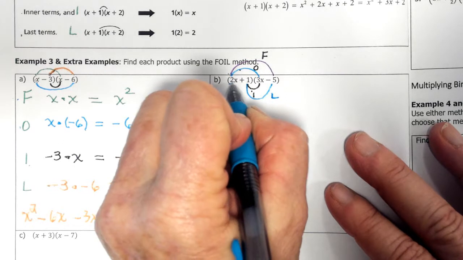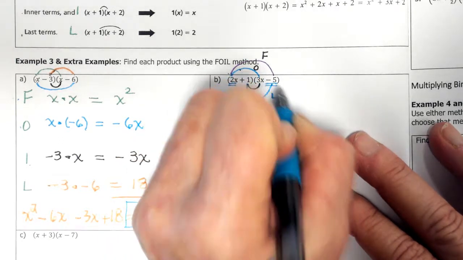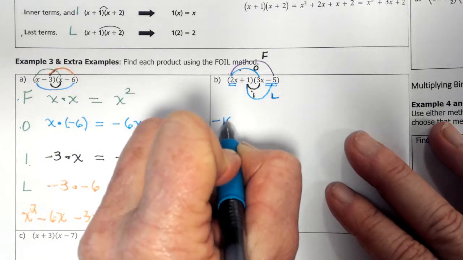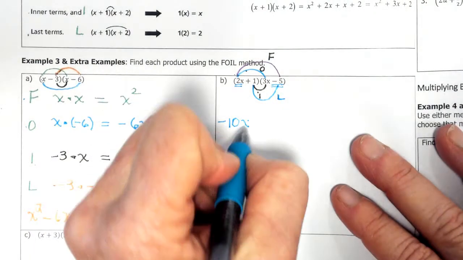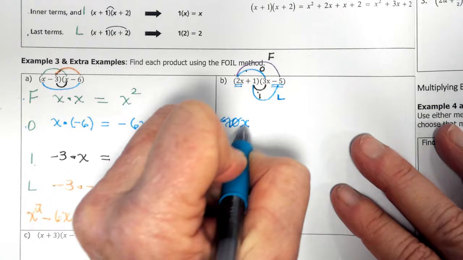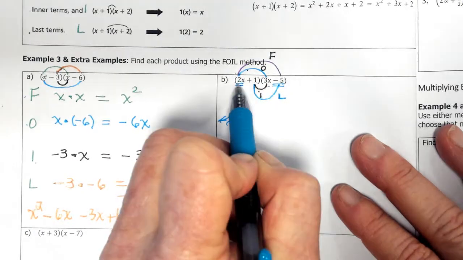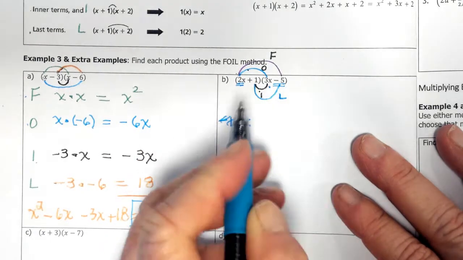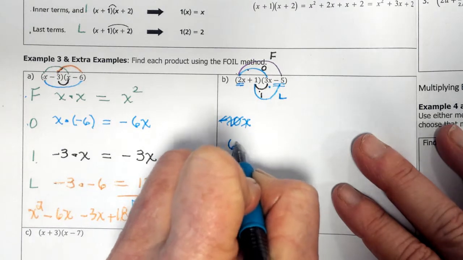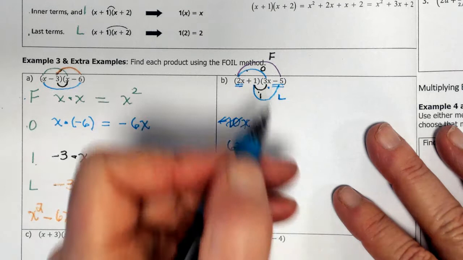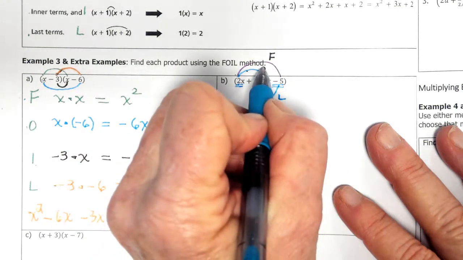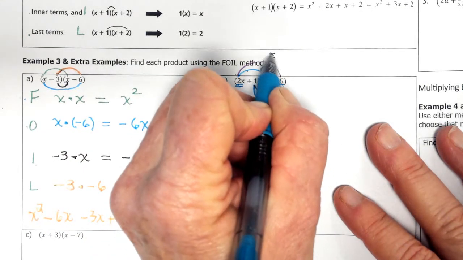So, therefore, if I can keep track of my first terms, 2x times negative 5 is negative 10. Oh my goodness, Mrs. Hannaford, those are not my first terms. Here are my first terms. 2x times 3x is 6x squared. Sorry about that. I even labeled these wrong.